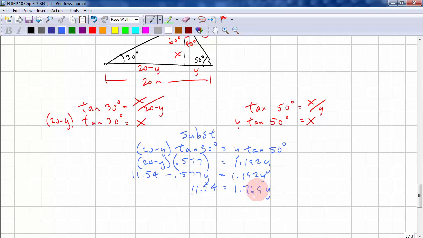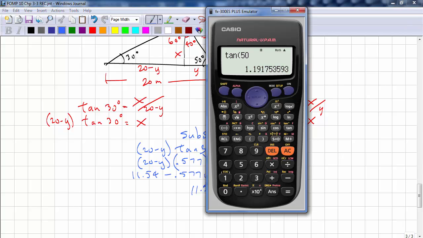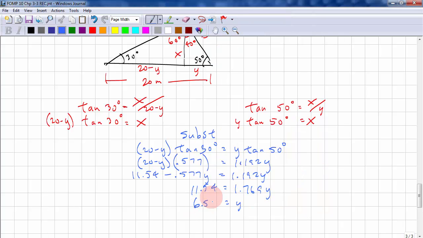Okay, divide both sides by this, and we got y equals 6.523. And this is in meters.